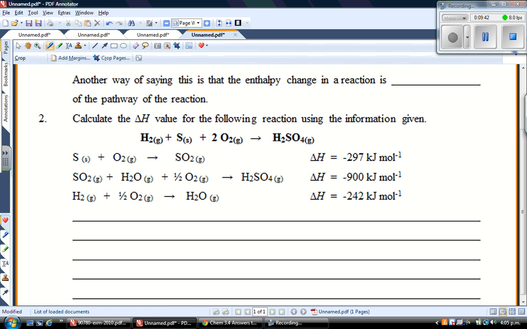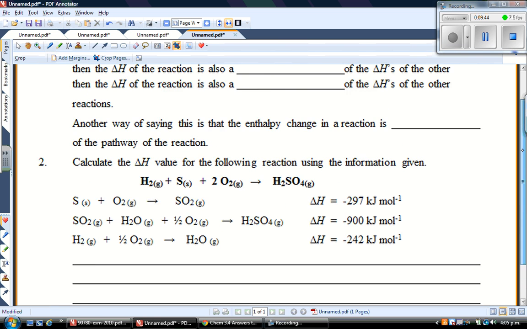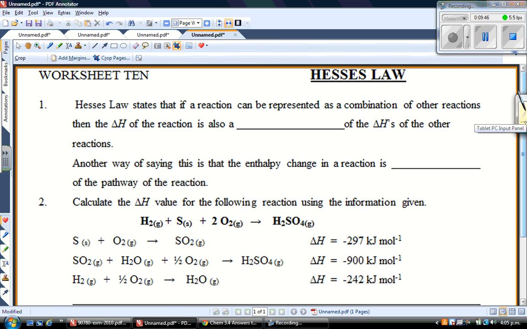And here we go. Hess's law states that if a reaction can be represented as a combination of other reactions, then the enthalpy of the reaction is also a combination or a sum of the enthalpies of the other reactions.